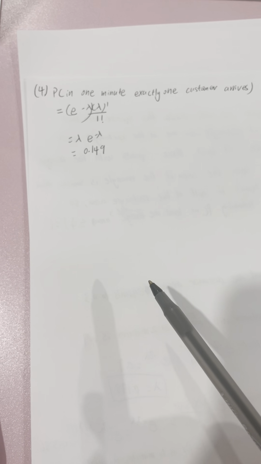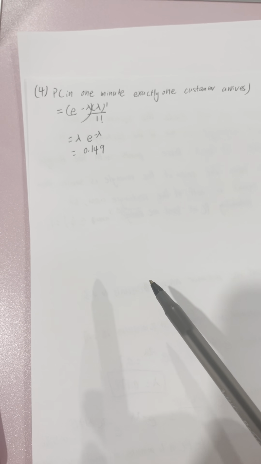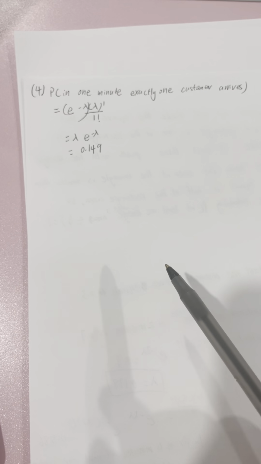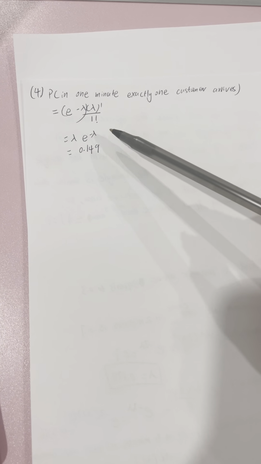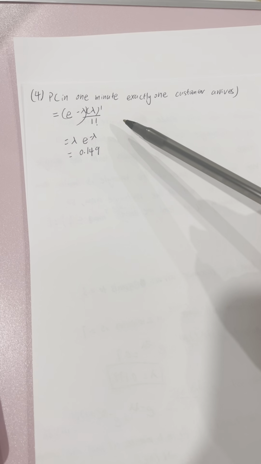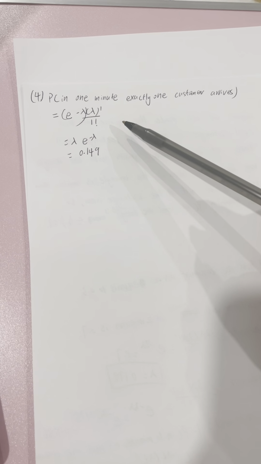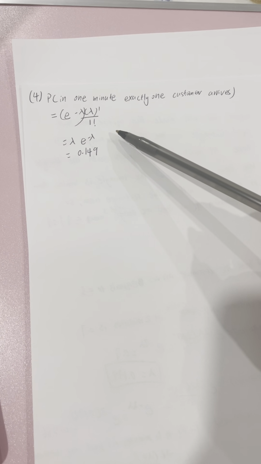On question part 4, we are required to find the probability that in 1 minute exactly 1 customer will arrive, and we plug in the equation e to the negative lambda times lambda to the 1's power over 1 factorial.